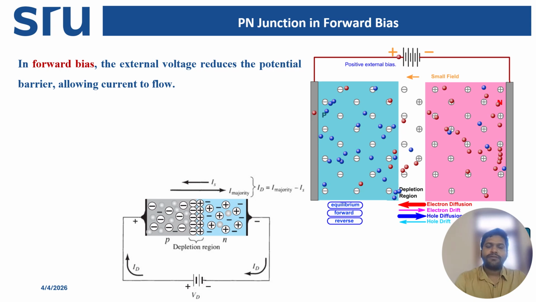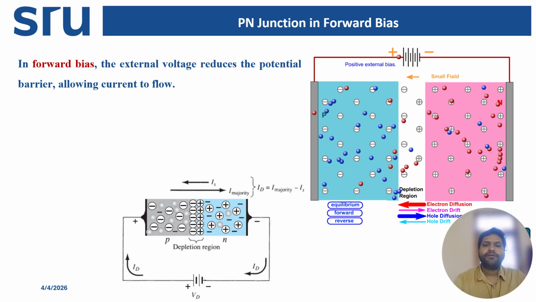In forward bias, the external voltage reduces the potential barrier, allowing current to flow. The positive terminal's external voltage opposes the built-in electric field of the junction. As a result, the barrier potential decreases.